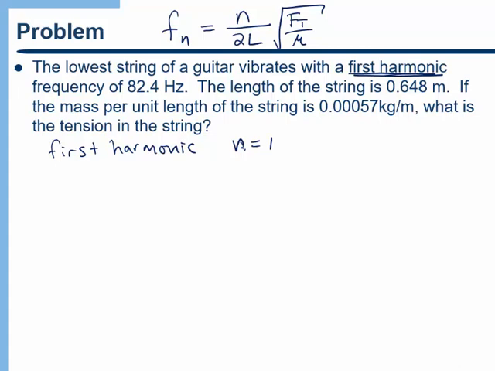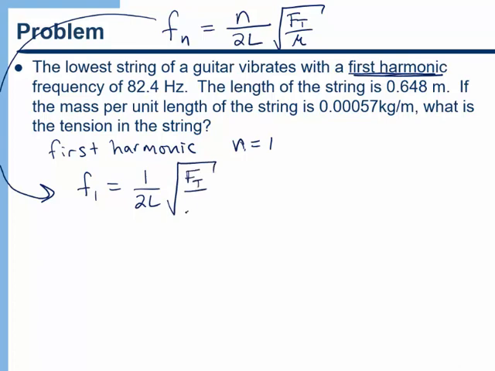We're trying to figure out the tension, so let's go ahead and take this equation and do what we always do, which is solve algebraically before we plug in numbers. Don't forget that. We always are going to do that. Here I'm specifically talking about the first harmonic, so I'll just write f1. We know n is equal to 1, so I'll just write 1 over 2L times the square root of FT over mu.